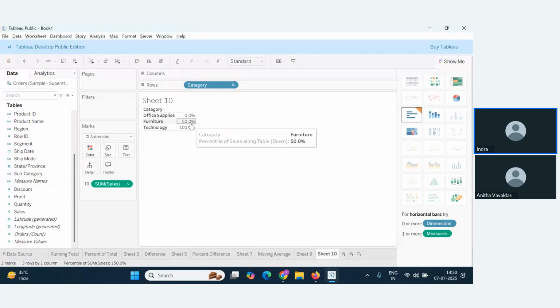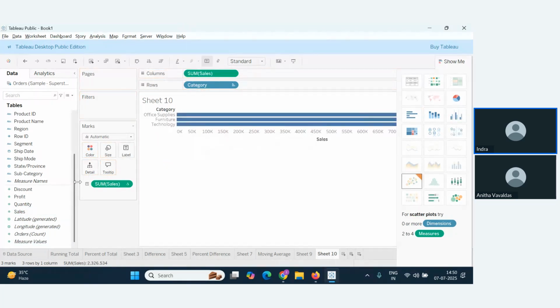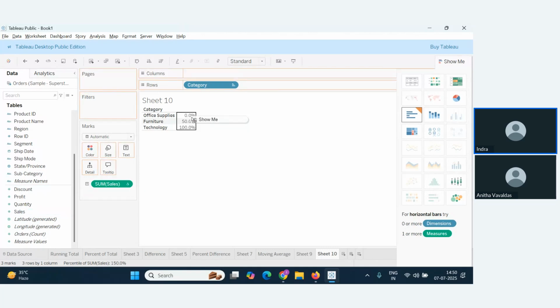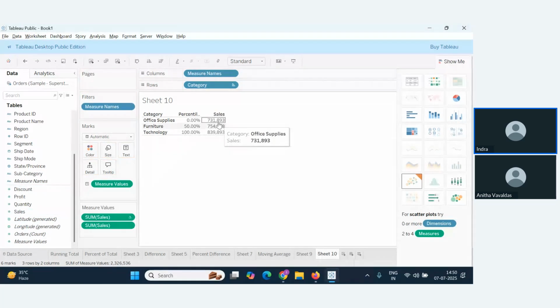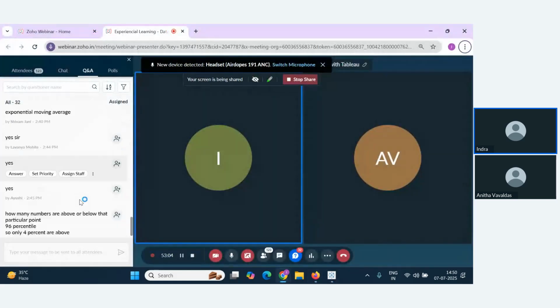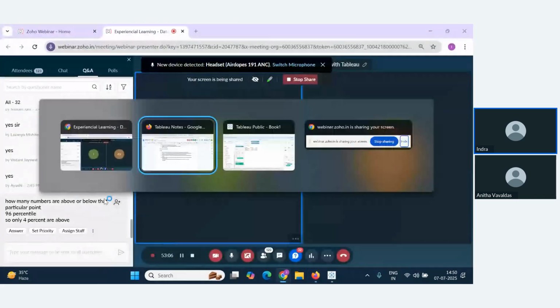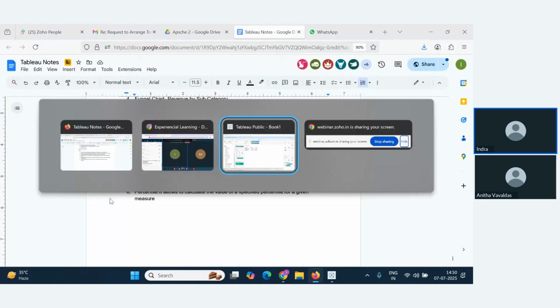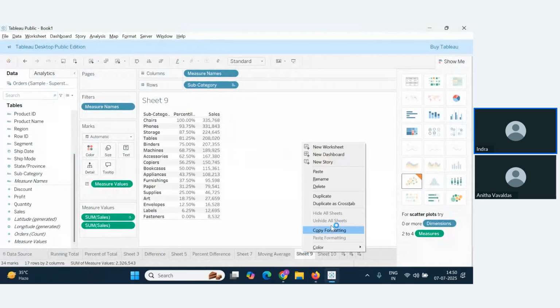Then 50% of the sales is coming from furniture, and the remaining sales is coming from technology. We'll see this many sales coming from office supplies, this many from furniture, and the remaining becomes 100%. That is a percentage.